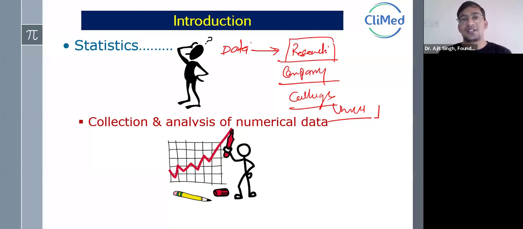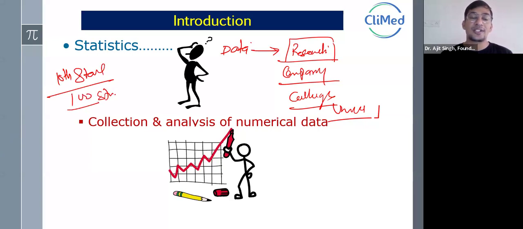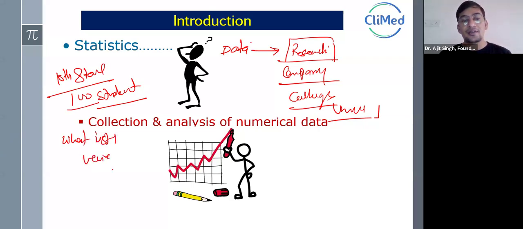we are clueless. When we have a lot of numbers, say you have a class of 10th standard, there are 100 students in the 10th class. If I ask you, what is the weight of your class, what will you tell?